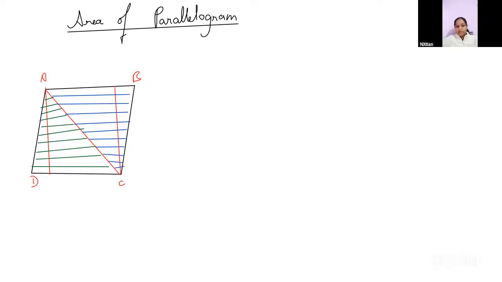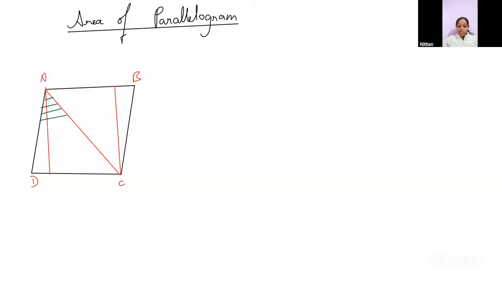Yes, there are 4 triangles, but we don't count the small ones. We count the 2 together, like a big triangle. So one is the green one, the other is the blue one. Now, you know how we calculate the area of a triangle: half base into height.